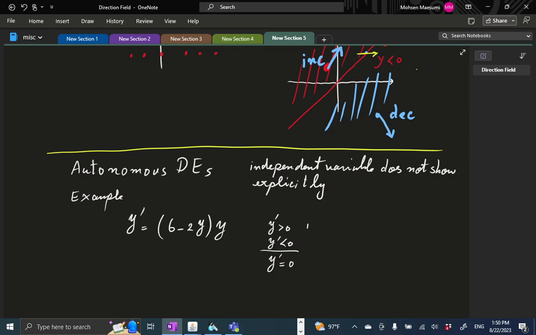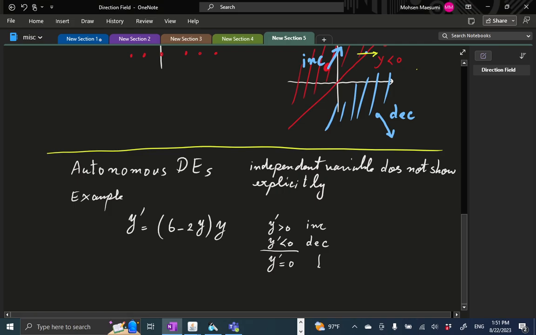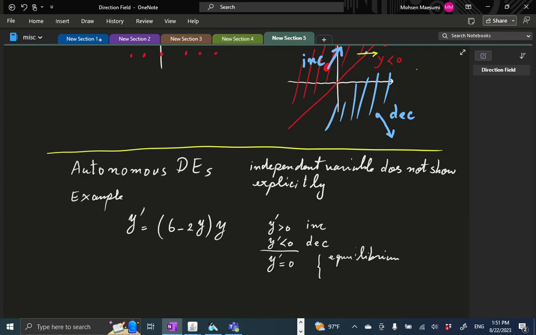So this meant your solution is increasing, this meant the solution is decreasing, and now y prime equal to 0, we are going to call it equilibrium or stationary. The situations where this happens, we call it equilibrium or stationary. That's a terminology that is used in differential equations.